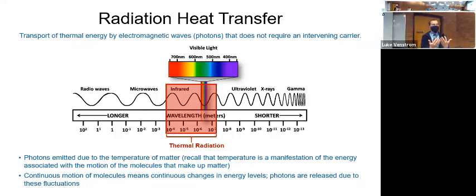The uranium has some temperature, but you're not getting gamma ray radiation because of its temperature. You're getting gamma ray radiation because you have a change in the isotope. Does that make sense? That's why we restrict thermal radiation to this tighter range of wavelengths from the long IR to the long UV.